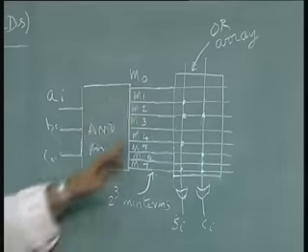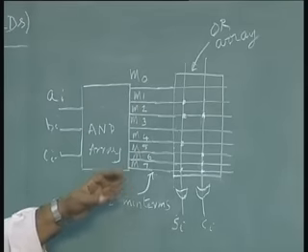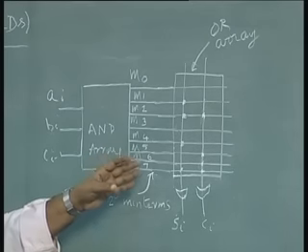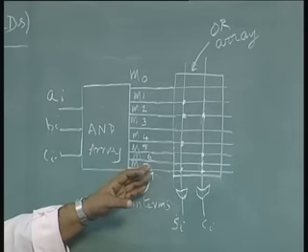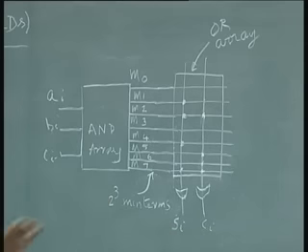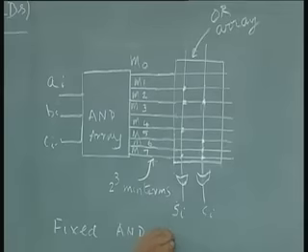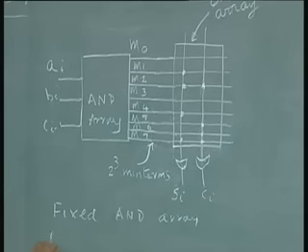These minterms are fixed. All the minterms will be generated. The moment you have the number of inputs, the outputs are fixed. But in what way you are going to combine these minterms is the programmability. So, this is a fixed AND gate array and programmable OR array.